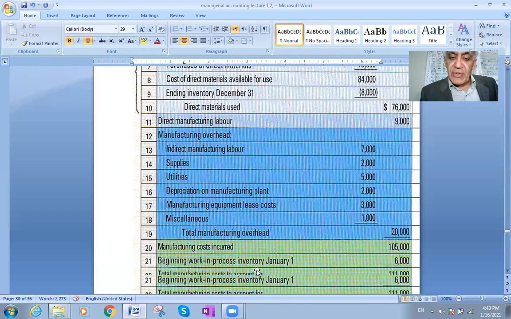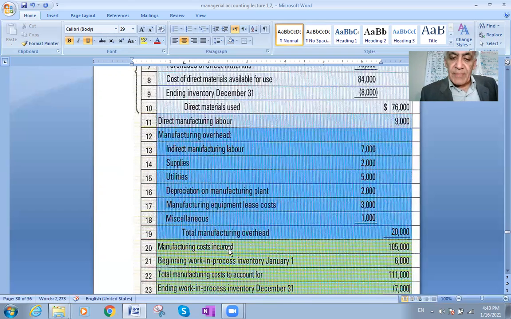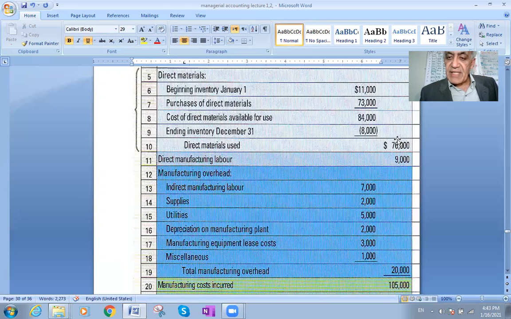So now all the manufacturing costs will be three things: 76,000, which is direct materials, plus the 9,000, which is direct labor cost, then the total manufacturing overhead, 20,000. Then 76 plus 9 is 85,000, plus 20.